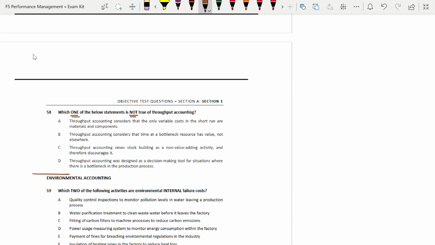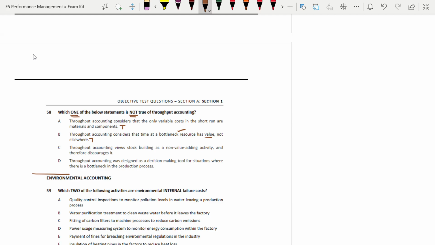Throughput accounting: the only variable costs in the short run are materials and components. Fine. Throughput accounting considers that time at a bottleneck resource has value, not elsewhere. True or false? True. Next.